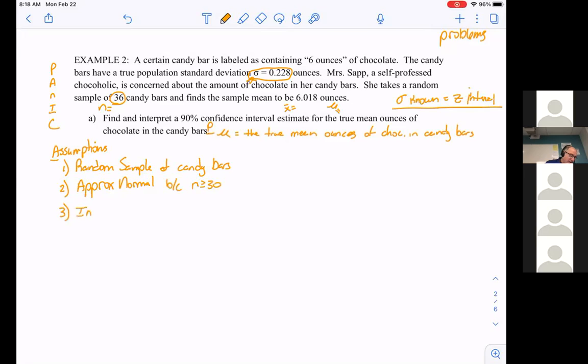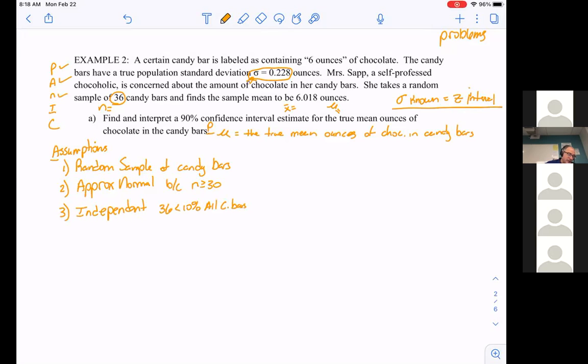So that means I'm going to go back to my third assumption, which is independent. We're going to assume that 36 is less than 10% of all candy bars. So we've named our parameter and done our assumptions; now we need to name this interval.